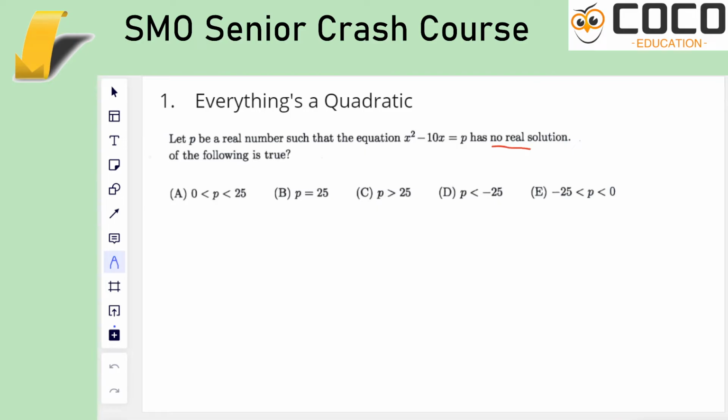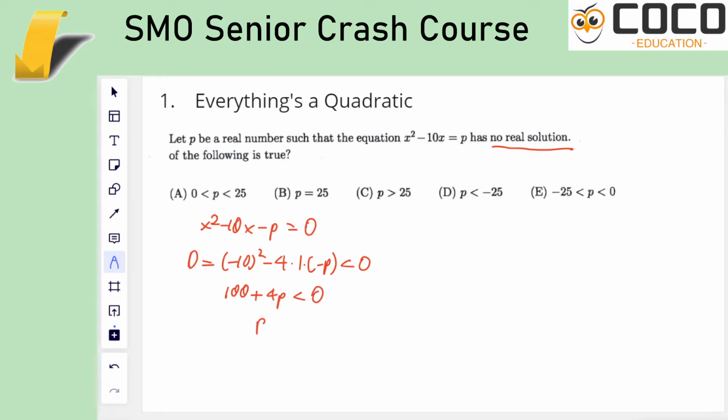For instance, if you're told that a quadratic has no real solution, then one of the things we can do is to use the discriminant. So your discriminant has to be less than 0. And so P is going to be less than negative 25.